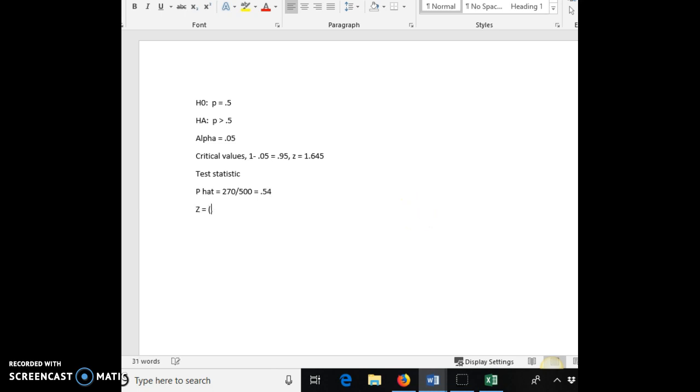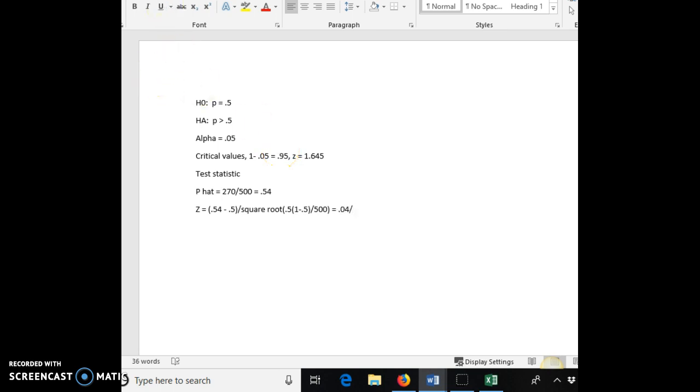We want on top P hat minus our proposed proportion in the null, 0.5, divided by the square root of this proposed proportion, and then 1 minus that, divided by the number in our sample space, 500. All right, so let's do that calculation. On top, we're going to have 0.04.